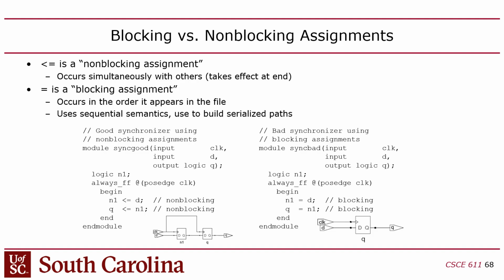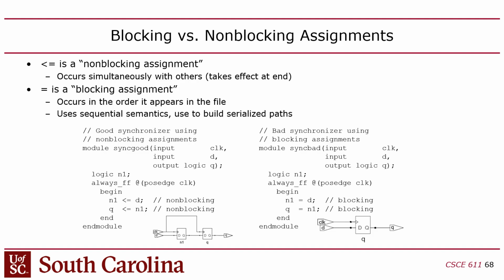This code is totally redundant. But it can still be useful if you have a really complex expression that you want to break into sub-expressions; then you would use this blocking format. On the other hand, if you just want to create a bunch of registers, use the non-blocking, right?